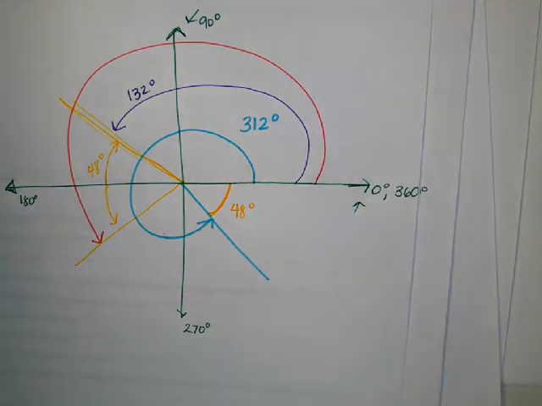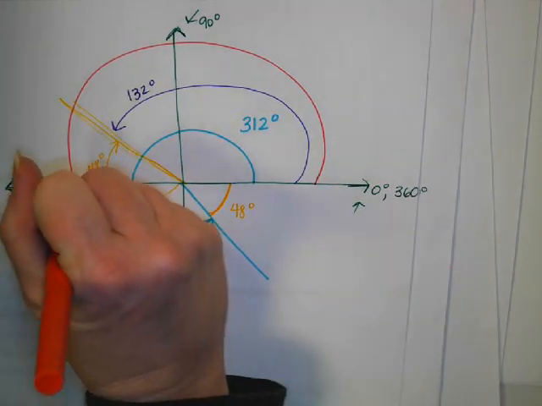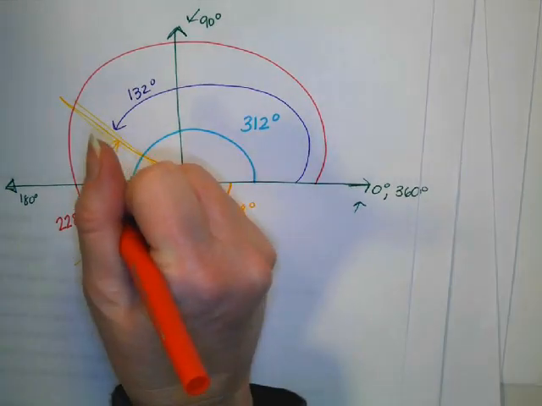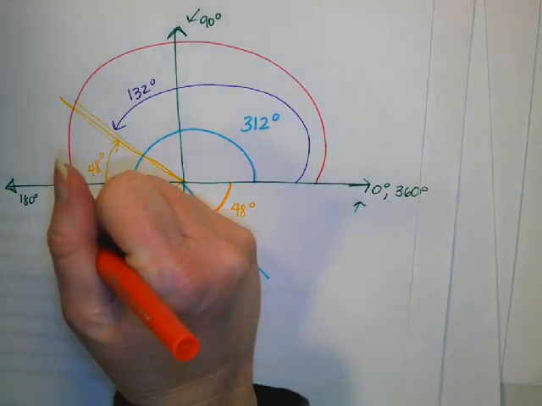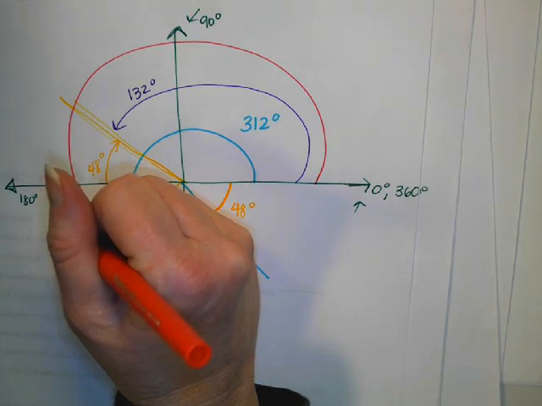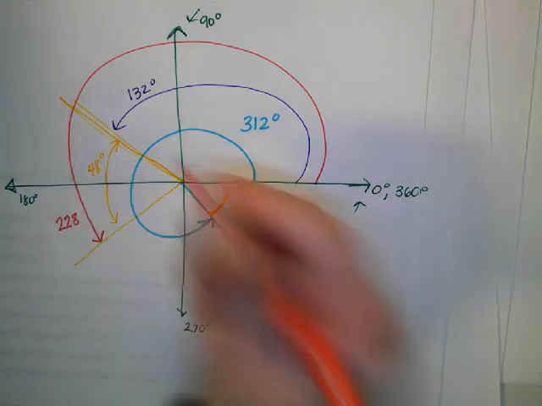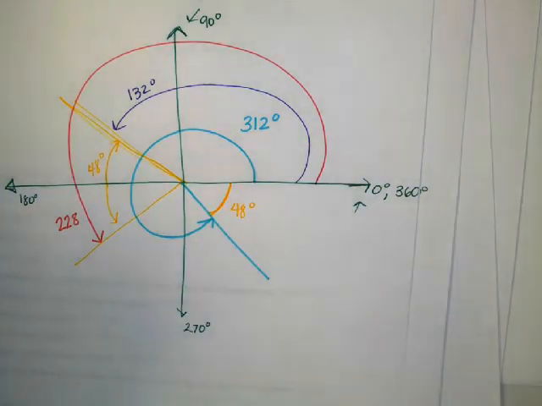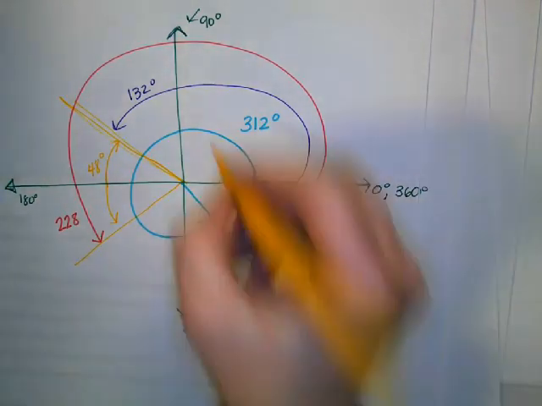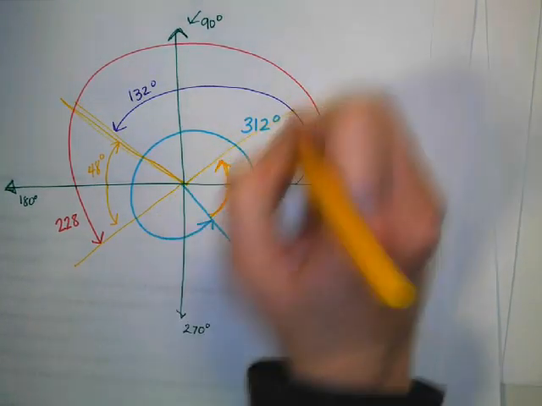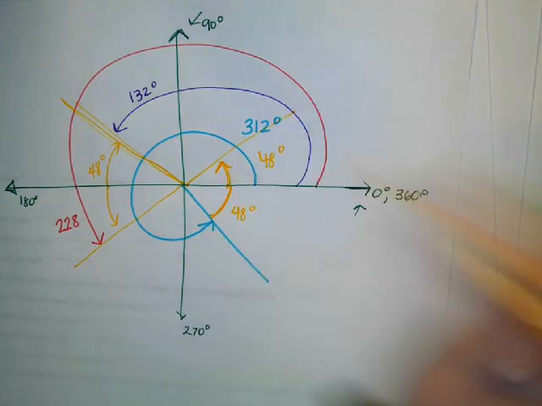How much is that red angle? I add 48 to 180, 228, right? And the reference angle goes right here, up from 180 to 48. Guess what? It is 48.